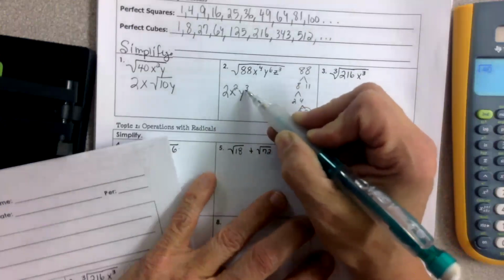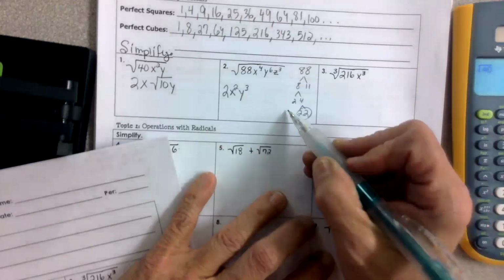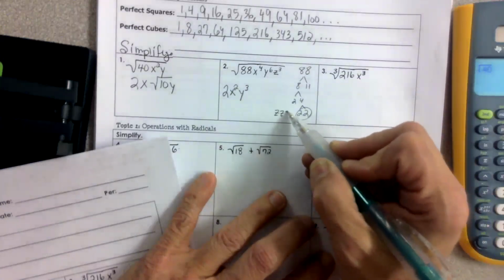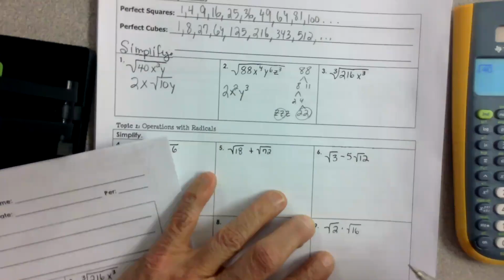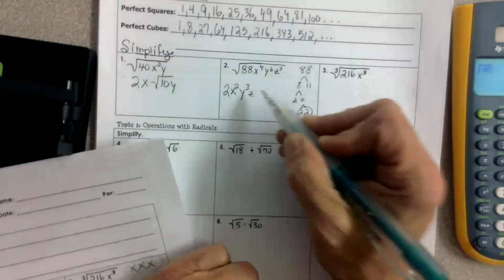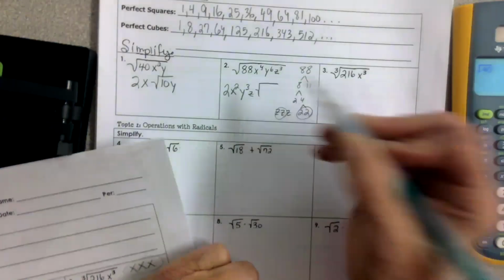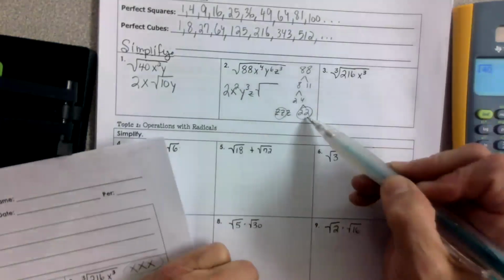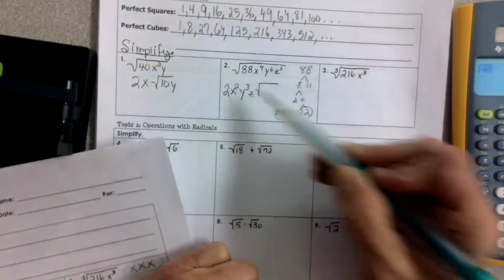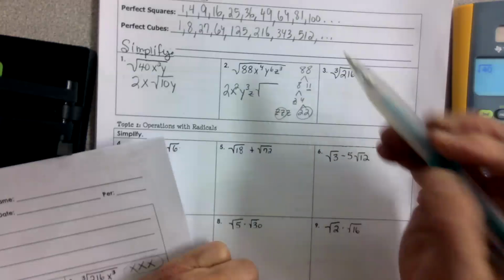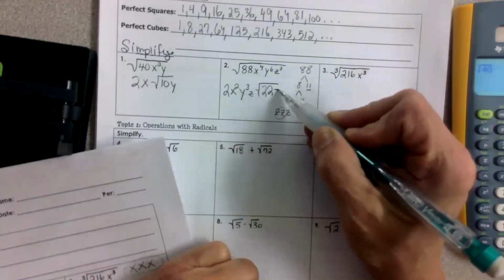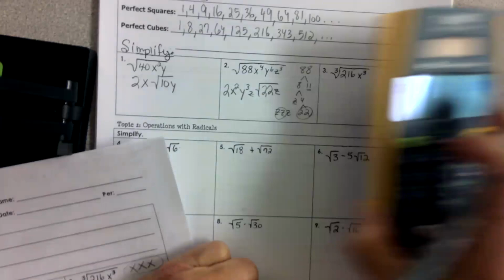Y cubed times y cubed is y to the 6th. And if you've got 3 z's, you have 1 pair of z's, so you just pull that 1 z out. And that's going to be 2 times the square root of, okay, I pulled out a pair of 2s, and then left over I have 2 times 11, which is 22. And I have a z also left over.